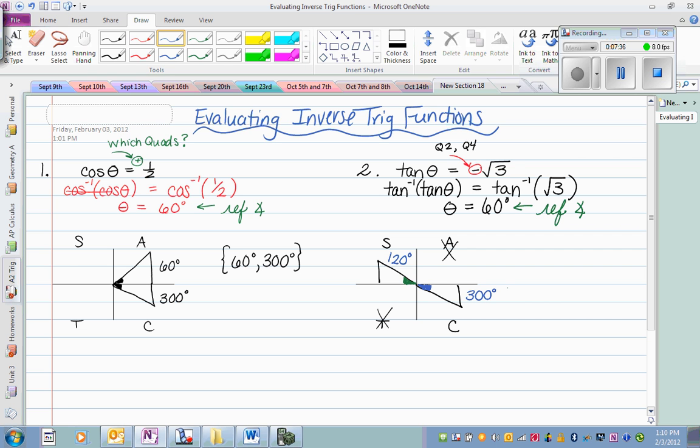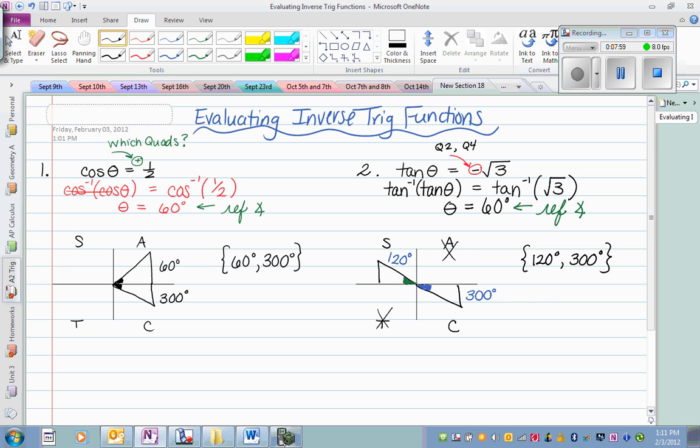Now, what are my answers? 300 and 120. Is 60 an answer? No, because I crossed that quadrant out, didn't I? So my answers are only 120 and 300.